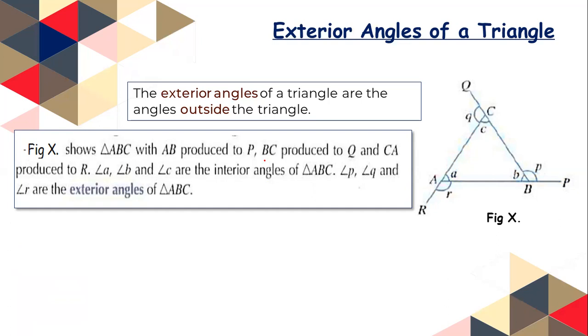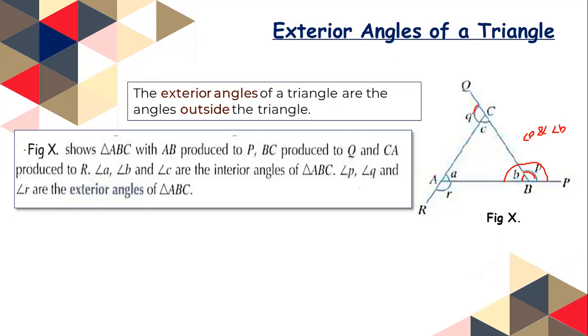Before starting anything, if you see carefully over here, this is angle P lying outside the triangle. If you relate this triangle with this, these two angles are known as adjacent angles lying on a straight line AB till P. Angle P and angle B lying on a straight line are called adjacent angles, and we know that the sum of adjacent angles on a straight line is equal to 180 degrees.